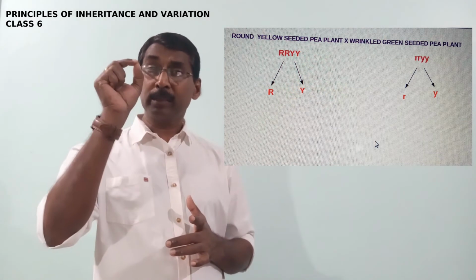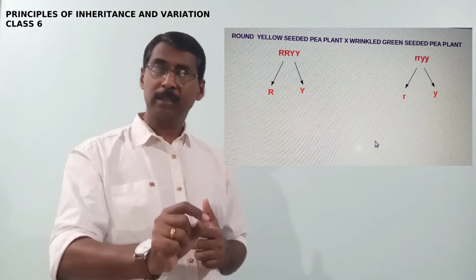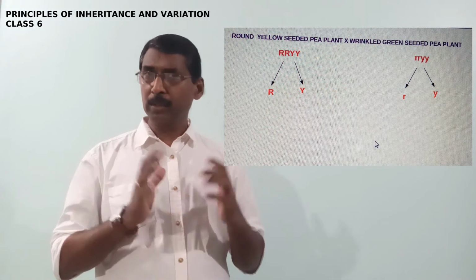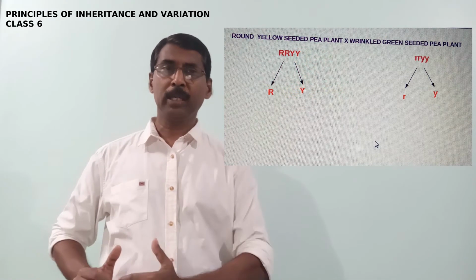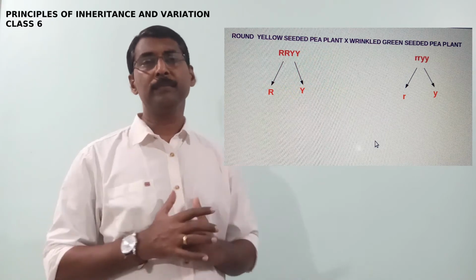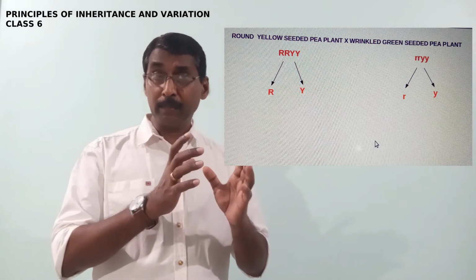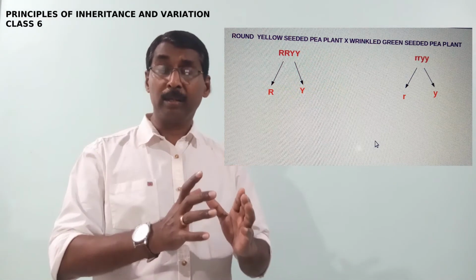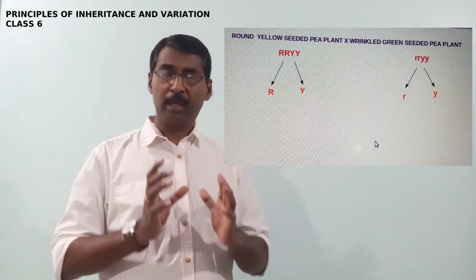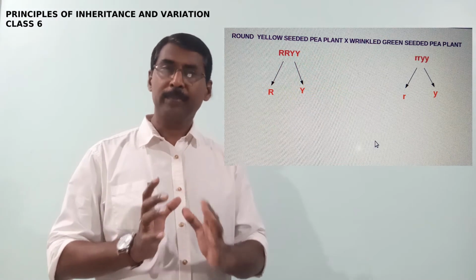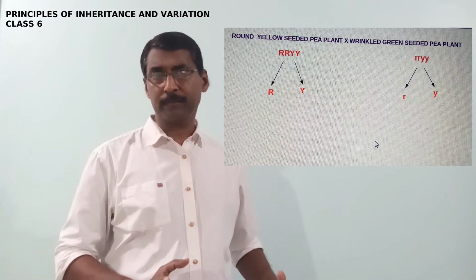So alleles for the shape roundness are capital R, capital R. So during gametogenesis they separate. One R enters into one gamete and the other one enters into another gamete. In the same way, capital Y representing the yellow color also segregates. So every pair of factors representing each and every character separates during gametogenesis.